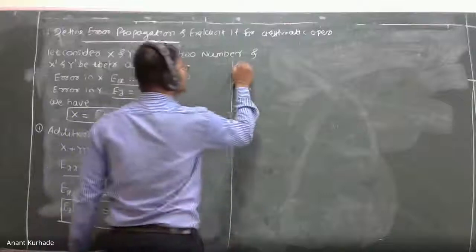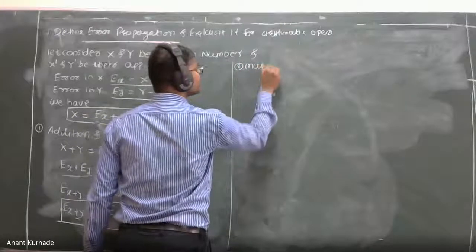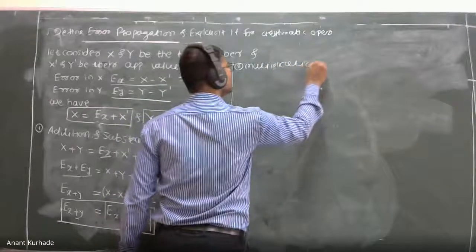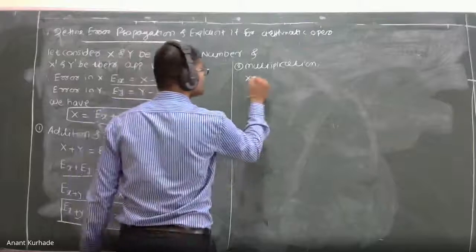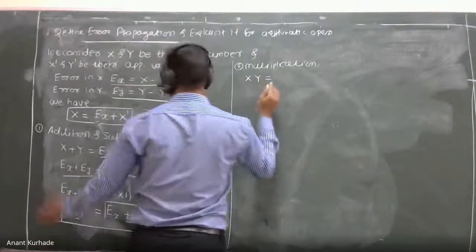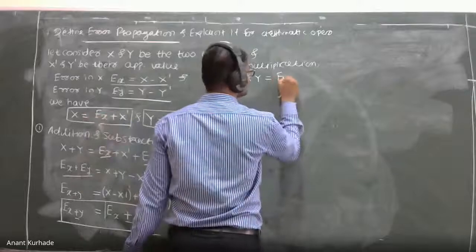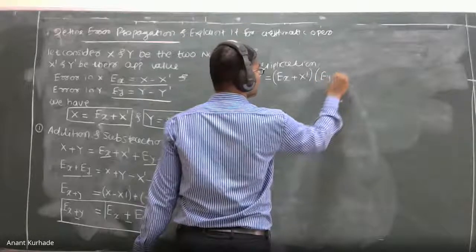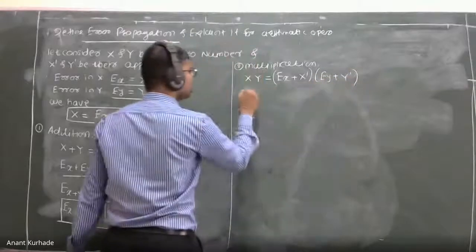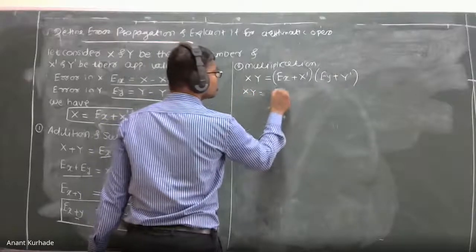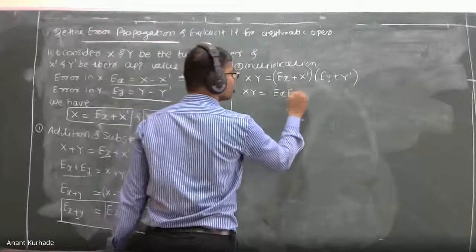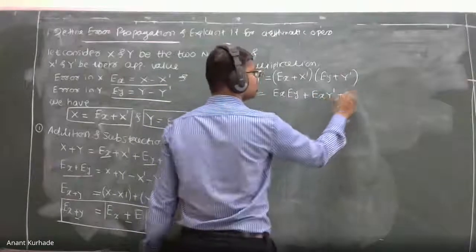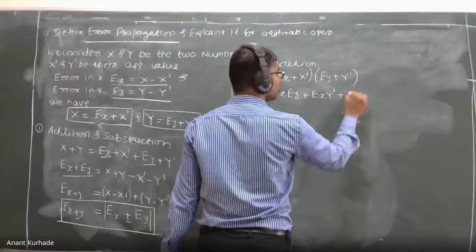Now, next one is multiplication. Multiplication of x and y: xy is equal to (x dash plus ex) into (y dash plus ey).